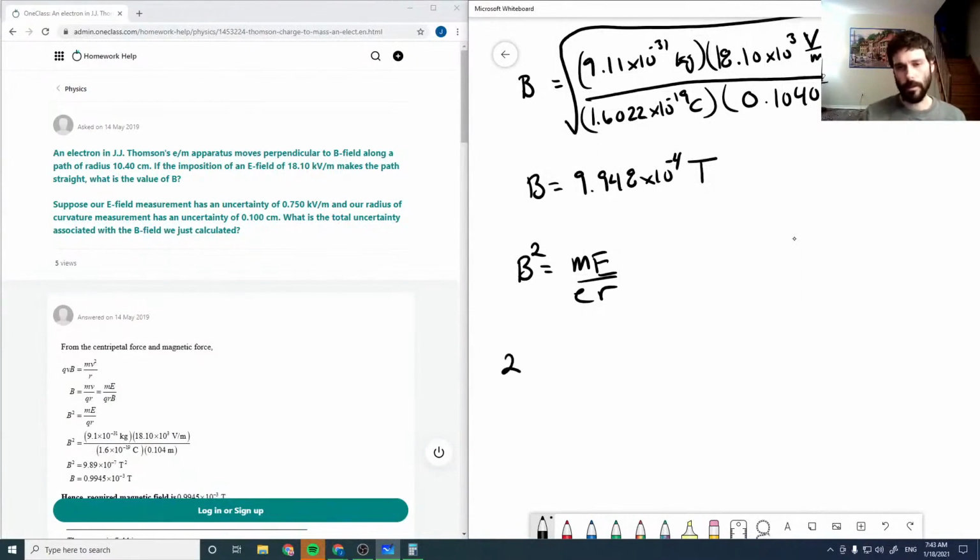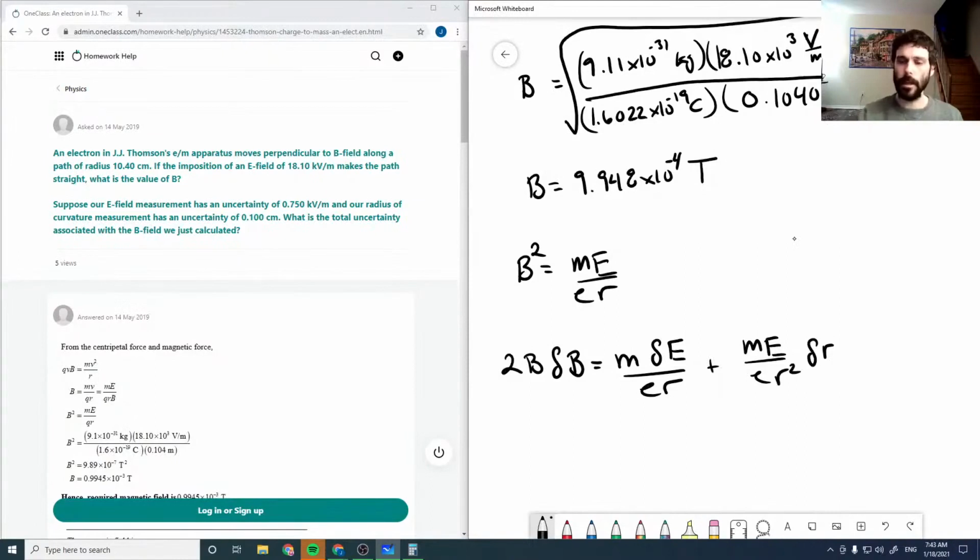So this will give us 2B dB is equal to M dE over ER plus ME over ER squared del R. Although the derivative of 1 over R would be minus 1 over R squared, the del R is plus or minus.